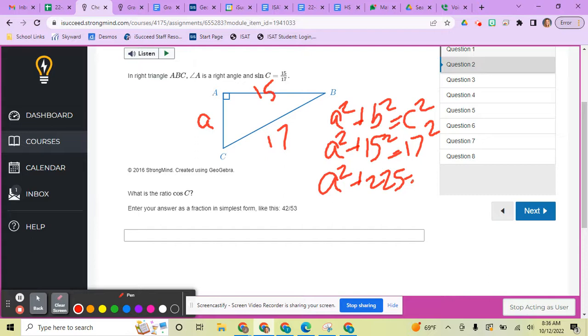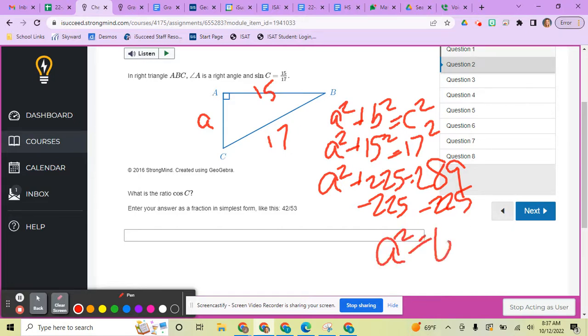Let me calculate that. 17 times 17, 289. Subtract 225 from both sides. I get 64. So a squared equals 64. Then I would take the square root of both sides. So I get a equals 8. So this side is 8. So now back to the original question.